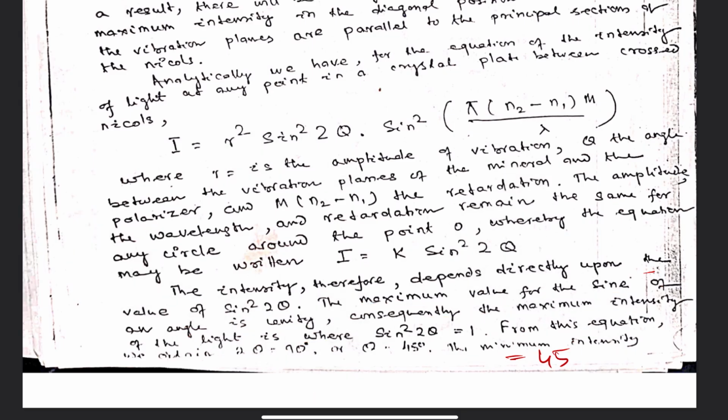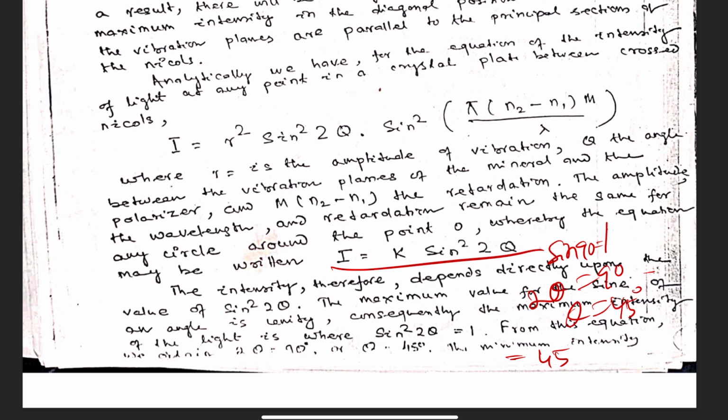So the intensity formula reduces to I equals k sin squared 2 theta. Sin squared 2 theta has a maximum value of 1. So sin 90 is equal to 1, 2 theta is equal to 90 degrees, theta is equal to 45 degrees.